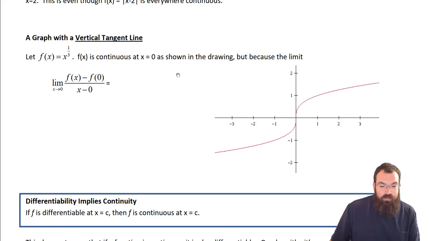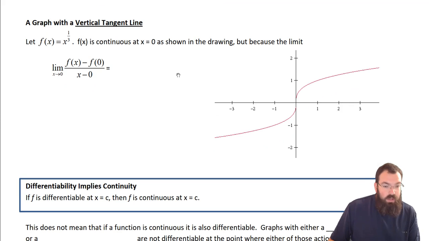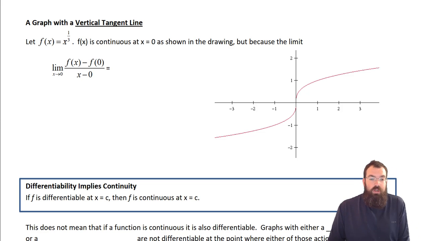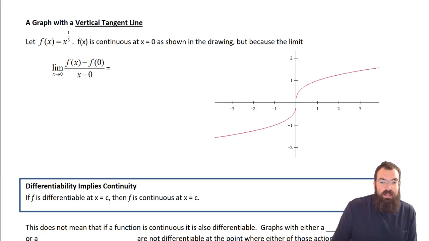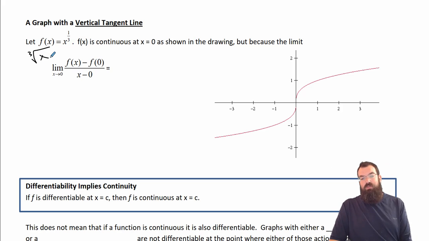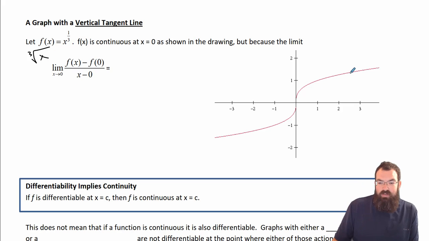The graph with a vertical tangent line. So if I have f of x equals x to the 1/3, this is really the cube root of x. That's just another way we can write it. F of x is continuous at x equals 0, as obviously this is the graph of it. But what about the limit at 0?